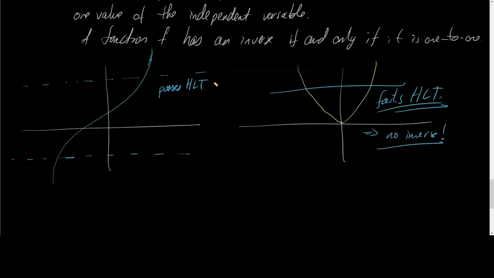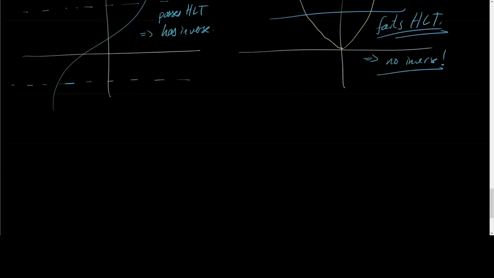So like here, like we were saying, this passes the horizontal line test, so it tells us that an inverse exists. So this function has an inverse. Let's write that better. Way better. Good job. All right. So this passes the horizontal line test. This doesn't.